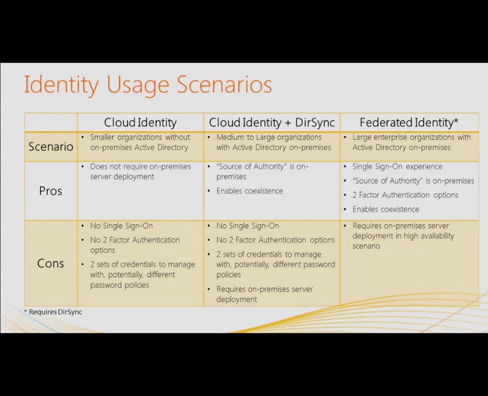We will not sync our users with Office 365. We don't need to deploy any server inside our organization or home, as you said. We will not have any kind of single sign-on, for example. And we will need to manage, for example, two different credential and user systems to access Office 365.